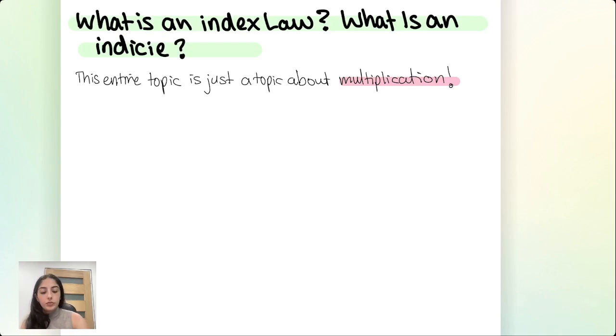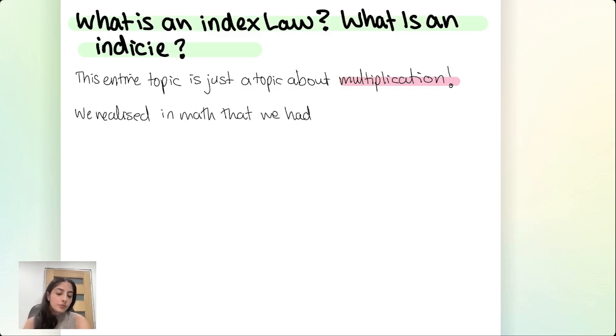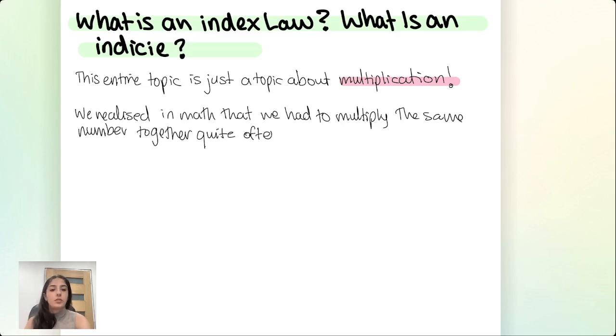So we realized in math that we had to multiply the same number together quite often, okay? For example, when I'm finding the volume of, I don't know, a cube.